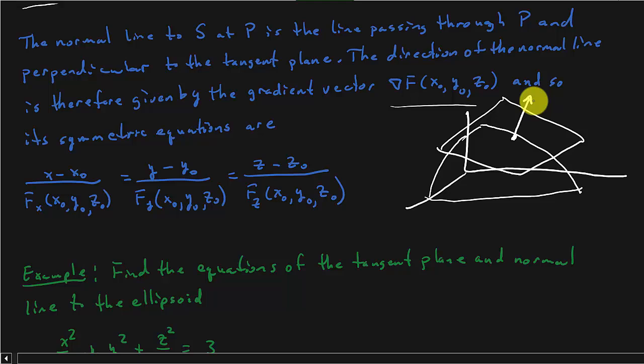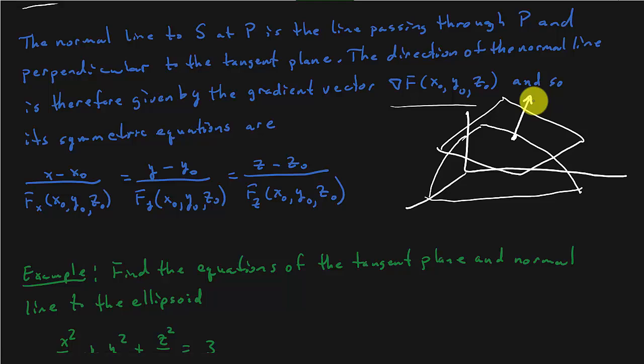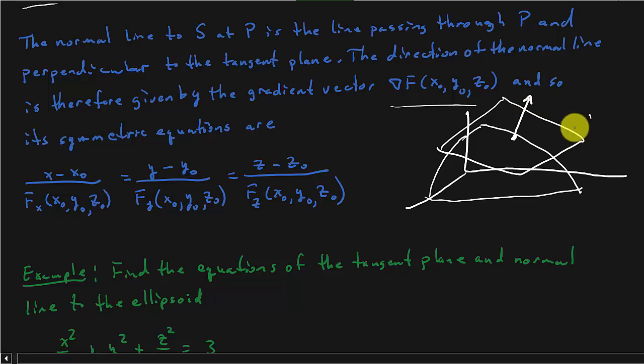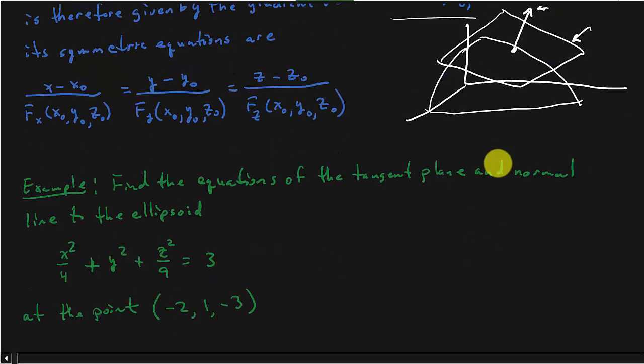Your normal vector would be perpendicular to that plane at that point. This is your tangent plane here, and there's your normal vector at that point. All right, so let's look at some problems.